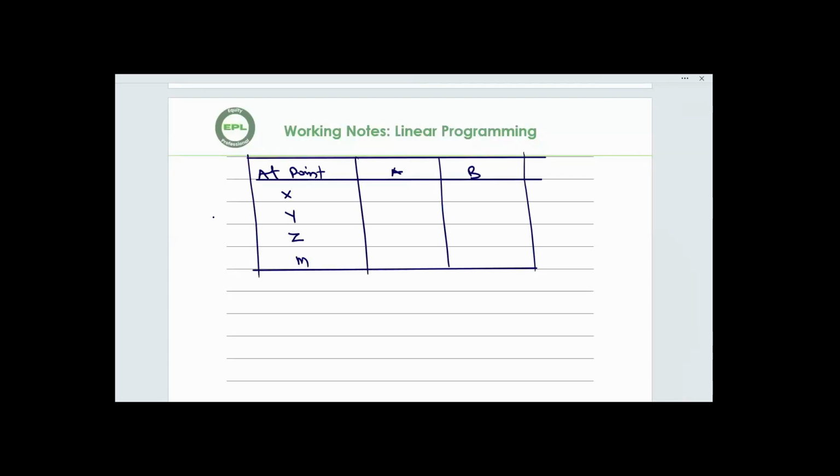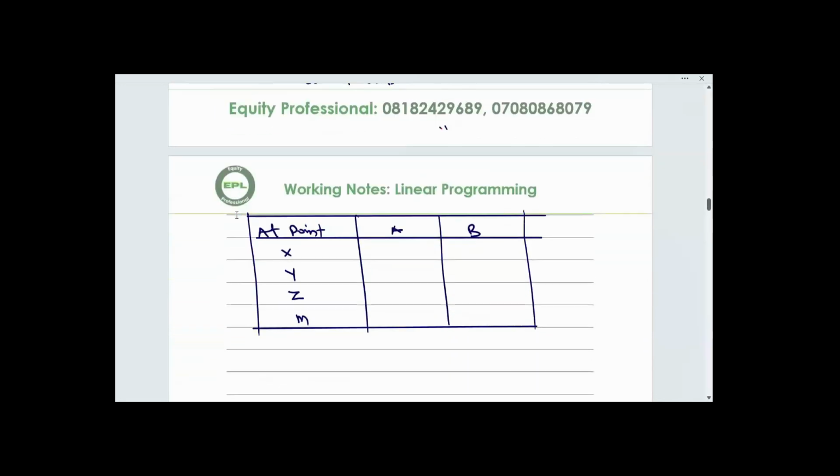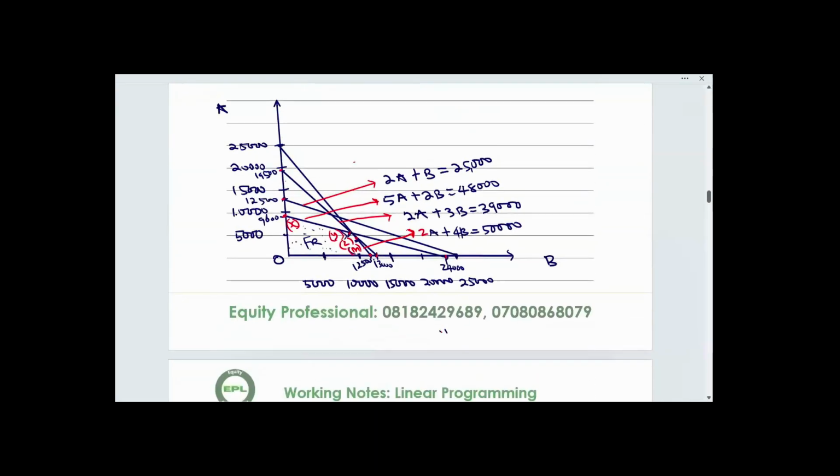Because of time, let's move on. So for point X, where you have the 9,600, the value of A is 9,600. At that point X, value of B is 0. So you trace it down, 9,600 and trace it down where you have B. So that's 0.